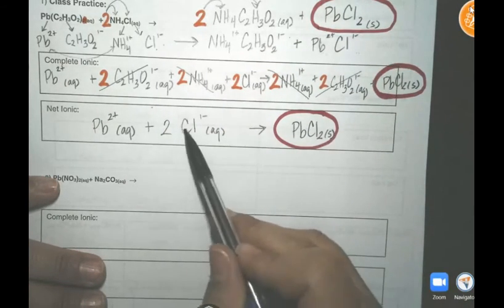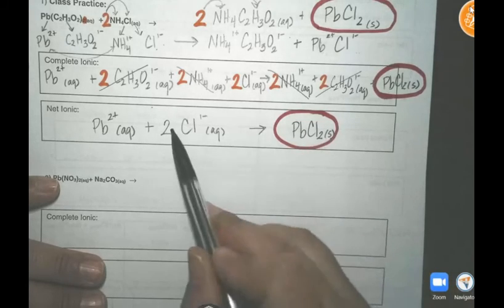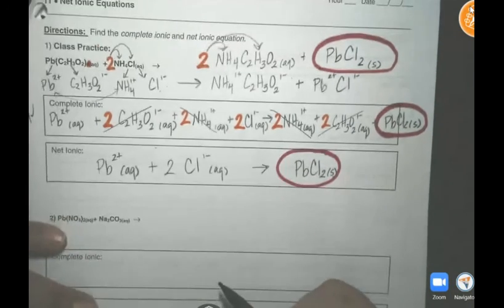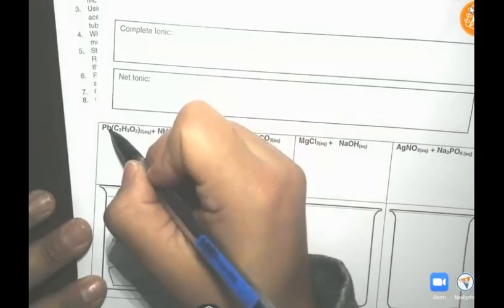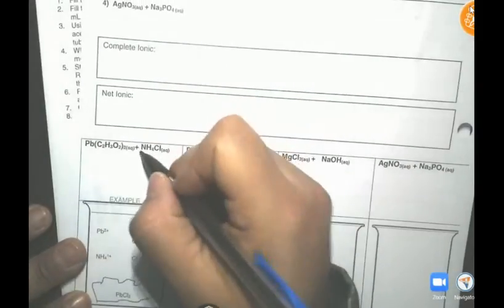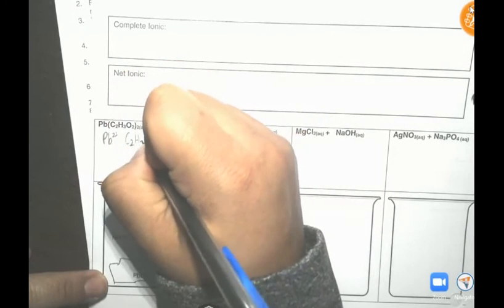So this here has 2 Cls, 2 Cls. Okay? So now you'll have to do 2, 3, and 4. But we're going to look at what this means down here. Down here, right, for every 1 Pb, this is problem number 1, right? This is Pb 2 plus, and there's only one of them, and there's 2 acetates.